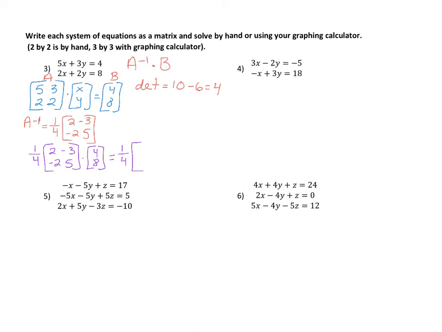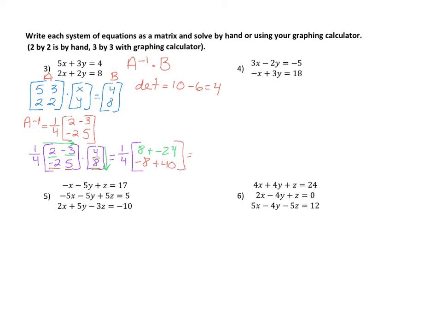And remember, we are going to multiply our rows times our columns, okay? So I'm going to do 2 times 4, so that's 8, plus -3 times 8 is -24. Then I'm going to do -2 times 4, which is -8, plus 5 times 8, which is 40.